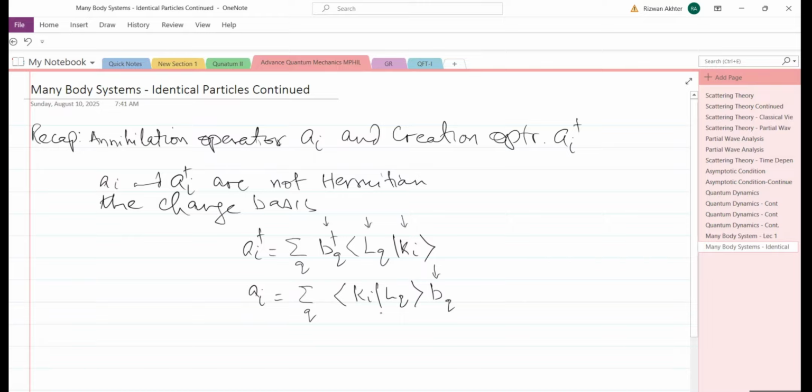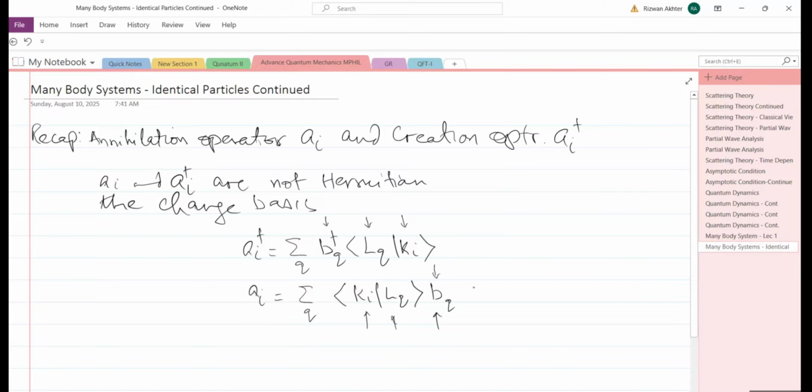And in the case of b_q, which is conjugate to a_i dagger, we first have the overlap between the new and the previous basis, and then we have this operator, which is in fact the annihilation operator.